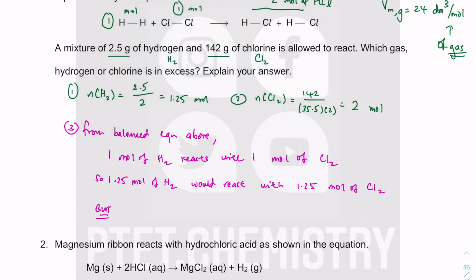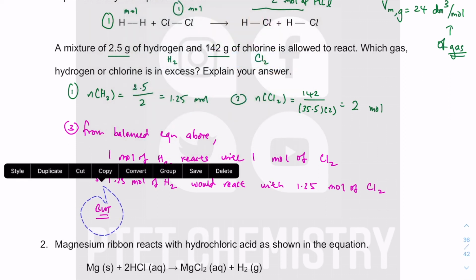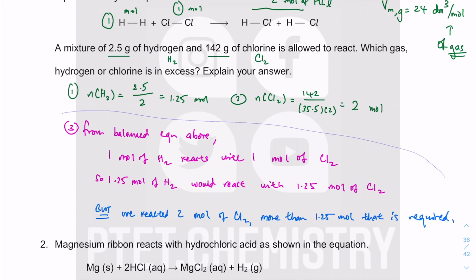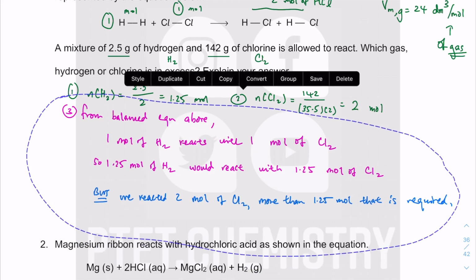What we have is 2 mole of Cl2, so we have more than the 1.25 mole that is required. Because we have more than what is required, very clearly the Cl2 is in excess. So that's how you explain it, okay?